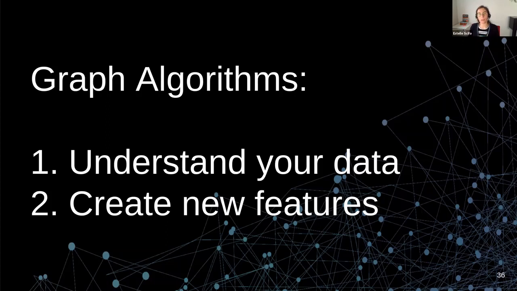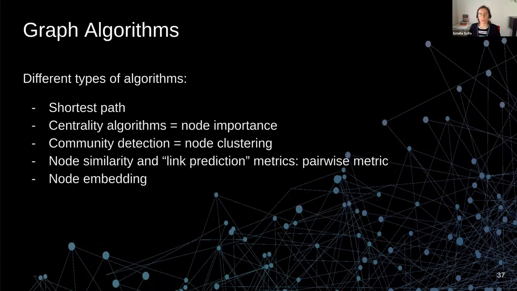And the other use case for a graph algorithm is to create new features. So if you're trying to do node classification, for instance, and you are able to add as a feature that some nodes belong to the same community, you can enhance your predictive power.